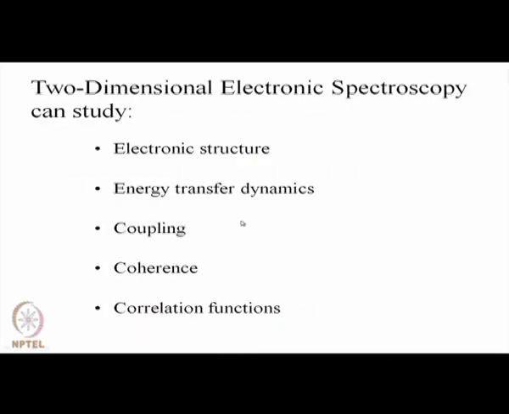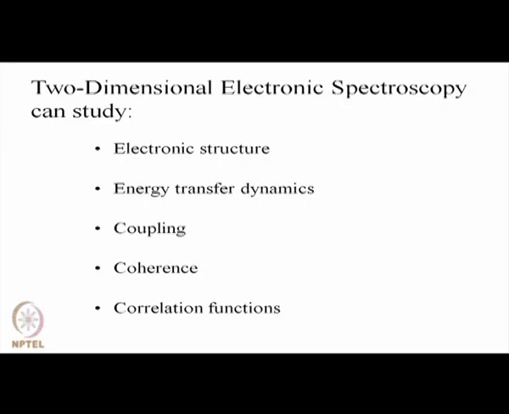Okay, so there is another thing which is called two-dimensional electronic spectroscopy, which can study electronic structure, energy transfer dynamics, how this energy transfer is occurring with time, coupling, coherence and correlation function. Although these are not the topic of discussion, two-dimensional electronic spectroscopy is another important topic.